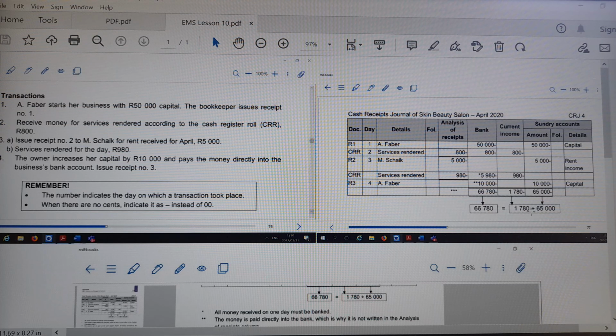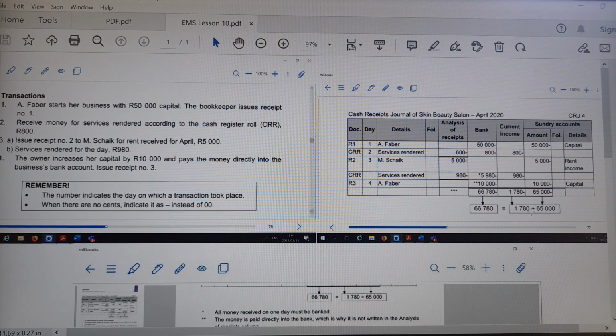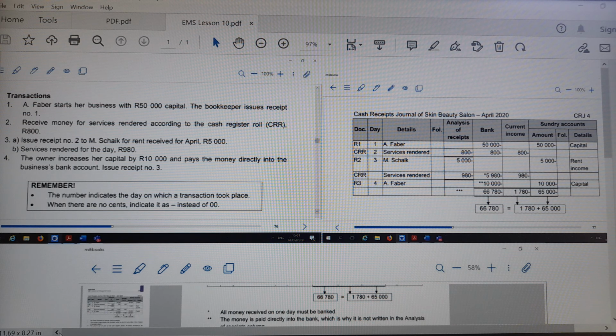Okay, hello. So I have tried to make a plan that we see the transaction and the CRJ, the cash receipt journal, in one page. As we have discussed, this is our title column for our CRJ.